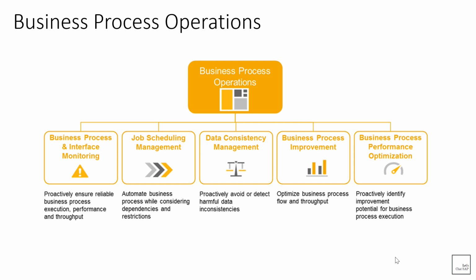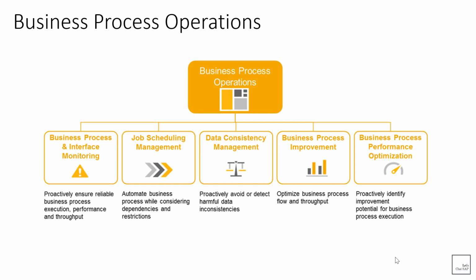Sometimes due to technical errors, the data might get corrupted or become inconsistent when it goes from one system to the other, which will result in data inconsistencies, which in turn will affect the business operations of the organization. So the data consistency management tool will help you detect, investigate, correct, and even prevent data inconsistencies in your SAP systems.